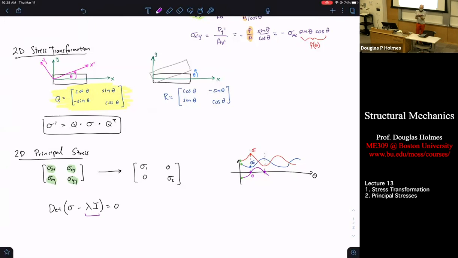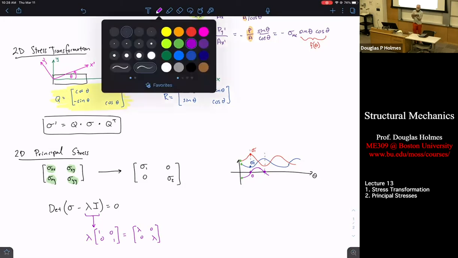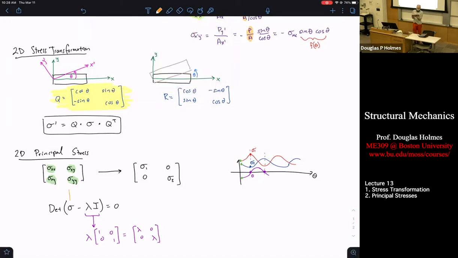Okay, well, we have here lambda, which is a scalar, times the identity matrix. This is 1, 1, 0, 0. And so this quantity equals lambda, lambda. This quantity we've already defined. We don't need to define it again.